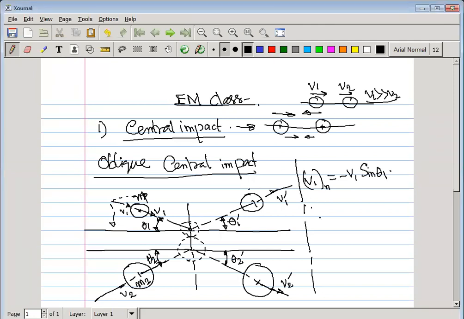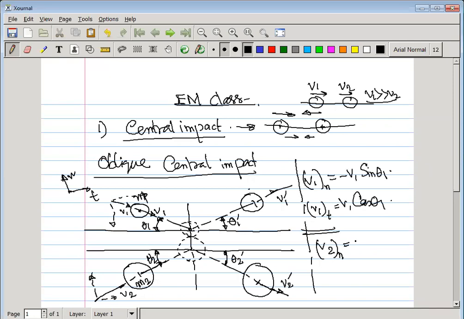So v1 in the tangential direction, this direction is your tangential direction t, and this is your normal direction. The tangential direction will give you v1 cos theta 1. Similarly for v2, this is your normal and this is your tangential.